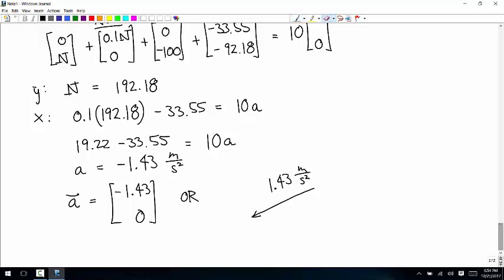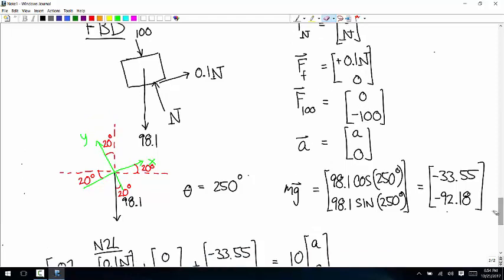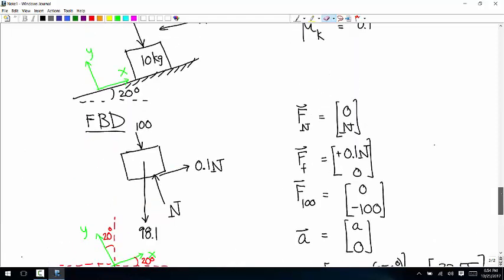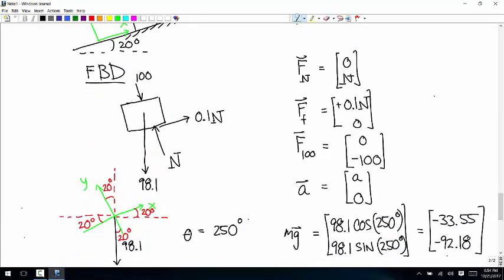Okay, so I have a question here. Looking at this, do you think that 100 Newton force does anything? Because what we're doing, we're calculating an acceleration that's perpendicular to it.